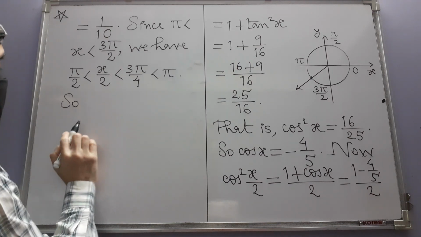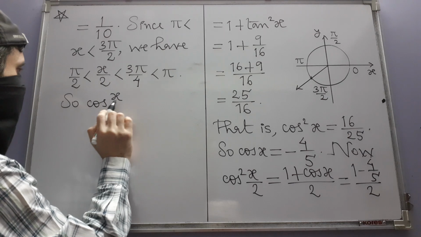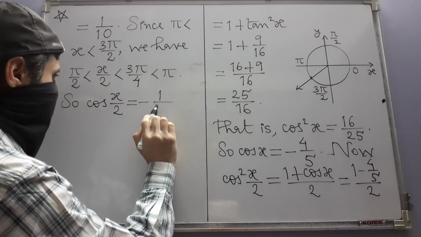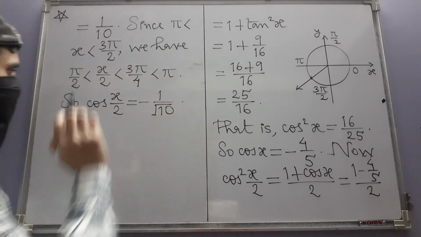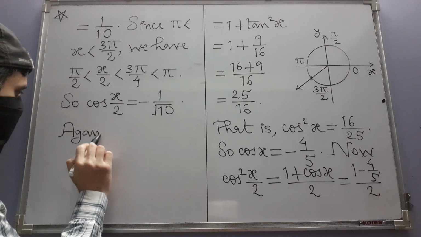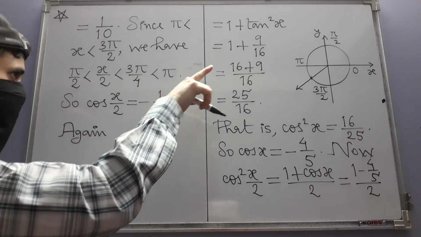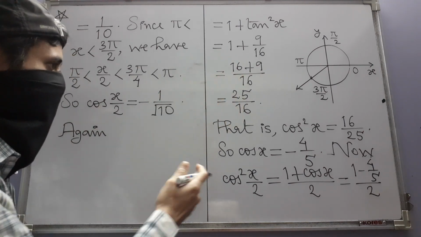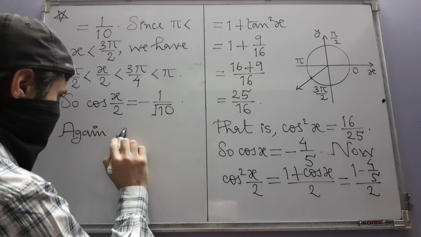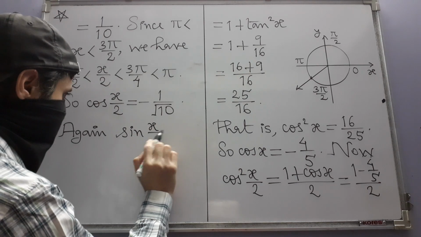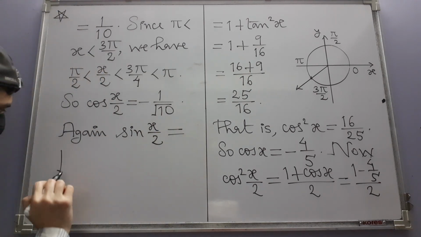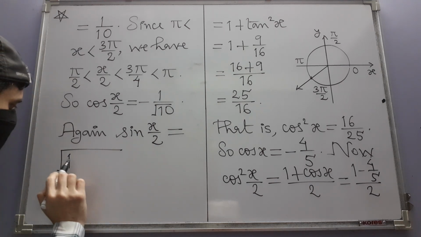So cos x divided by 2 is minus 1 divided by square root of 10. Again, because we are in the second quadrant, sine x divided by 2 will be positive. Right? And you can find sine x over 2 from this value itself with your usual formula.